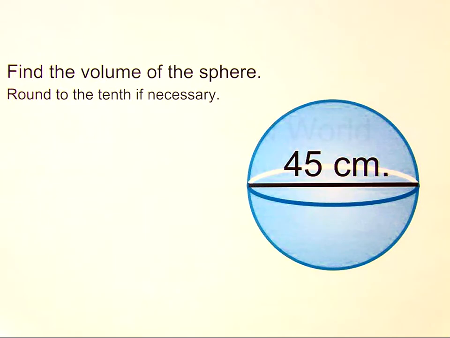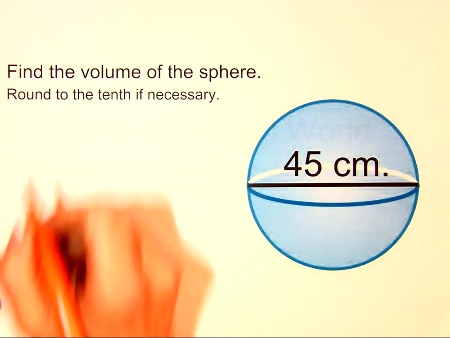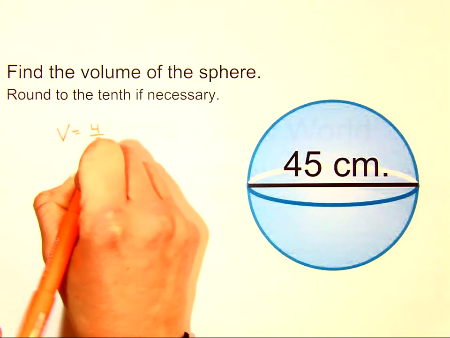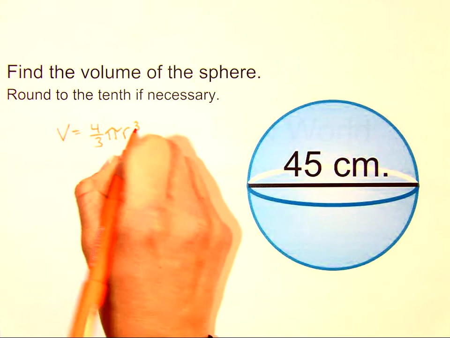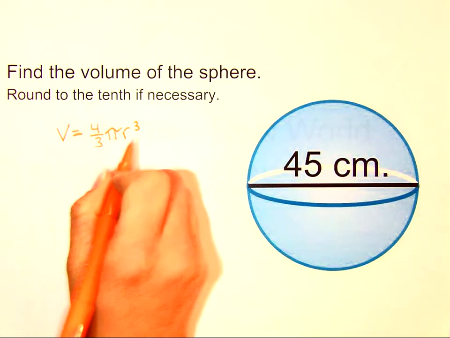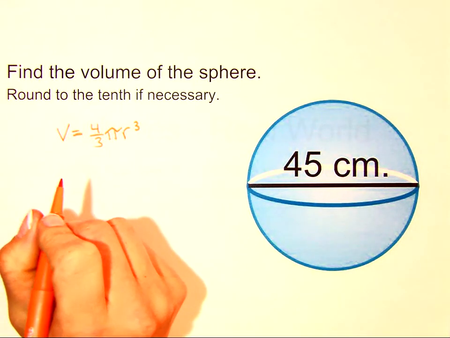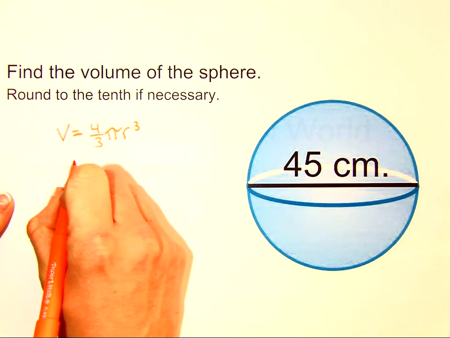Pause the video and try to find the volume of this sphere. So volume is 4/3 pi r cubed. Again, remember these formulas will not be given to you on a mini quiz or on your test.